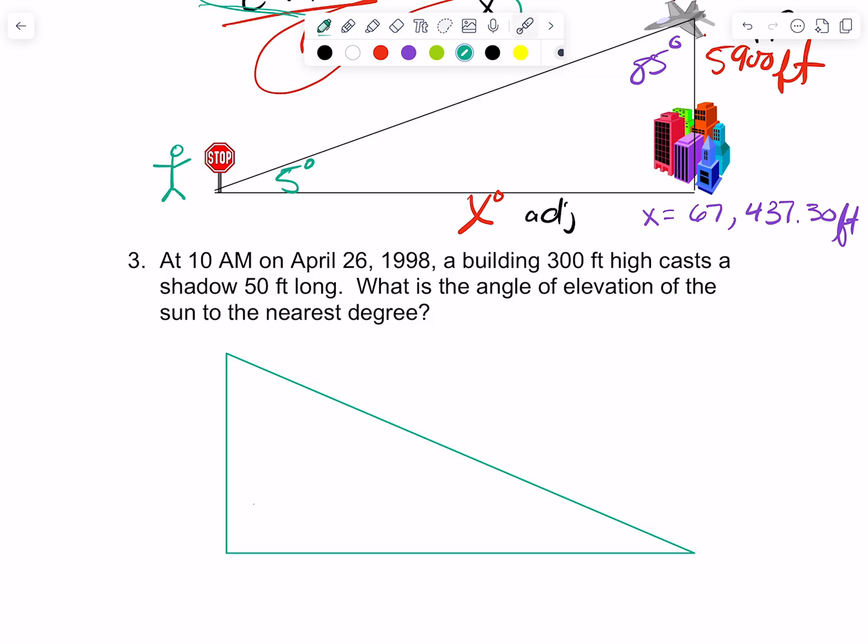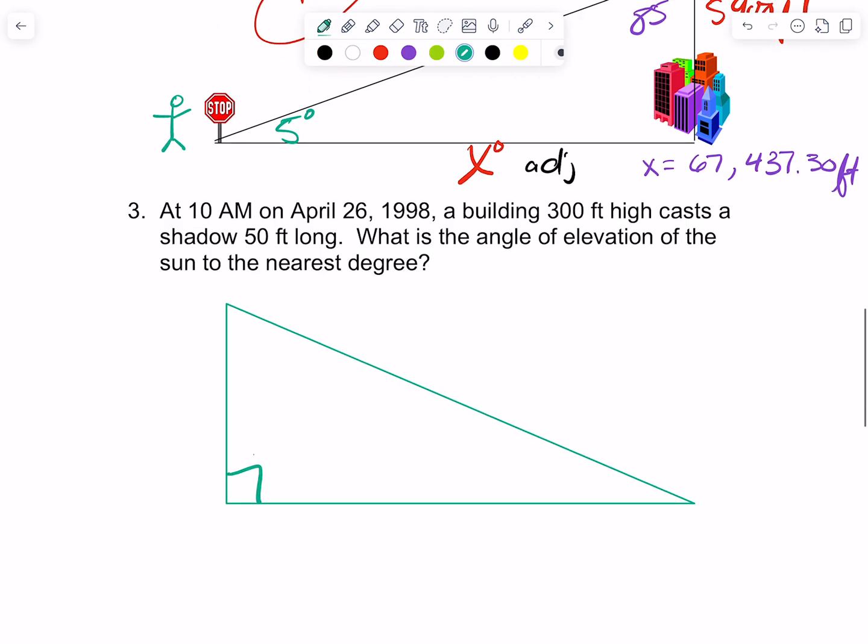All right. So let's label the triangle. Let's see if you did it right. We still have 10 minutes, right? Okay. Where do I put the 300? Vertical, horizontal, hypotenuse? Vertical. Yeah. It's your vertical. It's your height of the building. This is 300 feet.